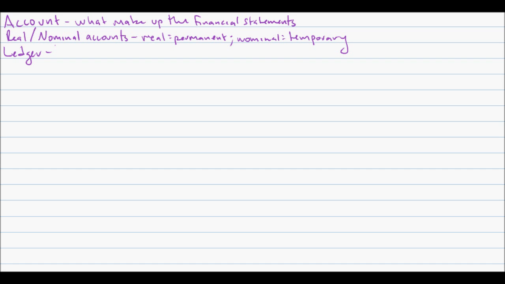The first is the general ledger, which contains all accounts, regardless of whether they are balance sheet accounts or income statement accounts or whatever. As opposed to that, we have the subsidiary ledger, which contains details for specific accounts.